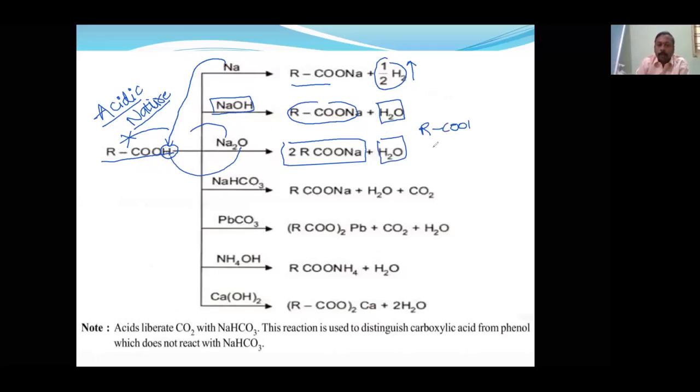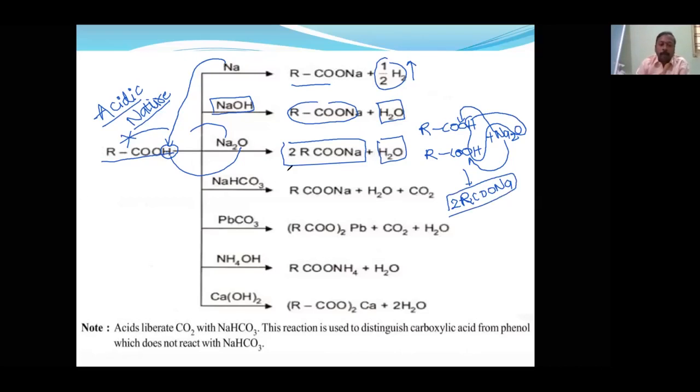This reaction, I am writing it here, RCOOH plus Na2O. Okay. So these two hydrogens and this oxygen, what will they form? H2O. So one sodium will be attached here, another sodium will be attached here. Therefore, 2 moles of RCOONa will be produced. Okay, 2 moles of sodium salt will be produced.